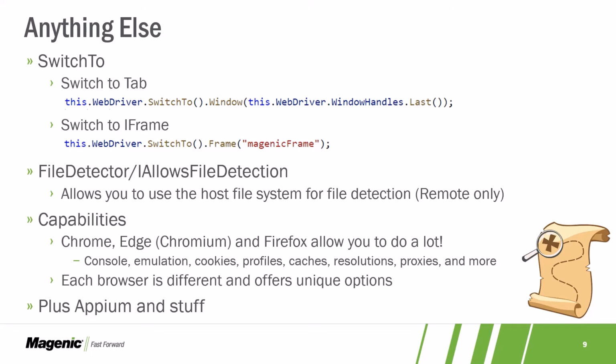There is file detection. File detection is really, really useful when you're using a remote grid, one of the browser services like Sauce Labs, where you want to upload or download a file, right? I want to use my operating system. I'm running my test, but the browser is on Sauce Labs metal.